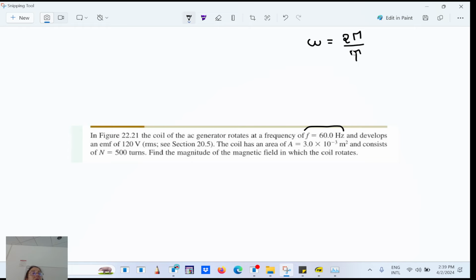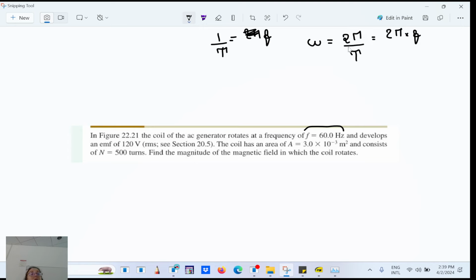So how long it takes to go one revolution, which is the same thing as 2 pi times the frequency. Because 1 over the period is the frequency. Is that clear?